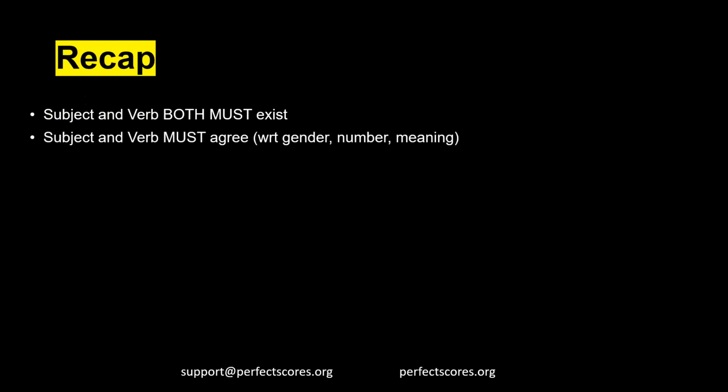The second is the subject and verb must agree with each other with respect to the gender. So sometimes the subject is a male and the verb is used for a female, so that's going to be wrong. What happens is sometimes you get a number of different subjects, and then it's confusing to see which of them the verb talks about.